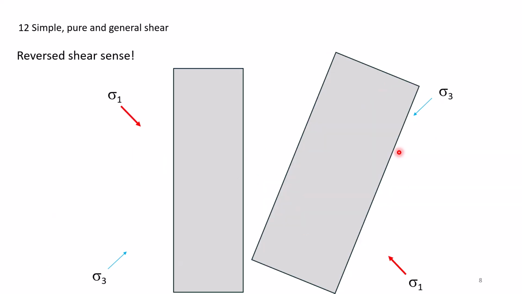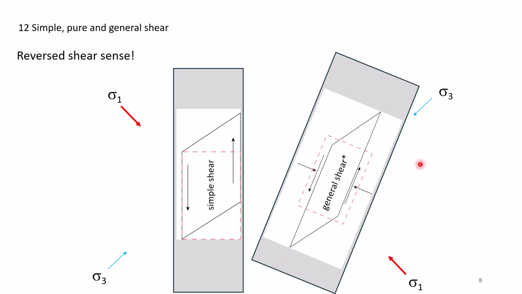On the last slide, we have seen that wherever there was a simple shear component, it was dextral. However, if the shear zone would be oriented in this way, here in the left example, the simple shear zone, because of the 45 degrees with respect to sigma 1, would be sinistral.